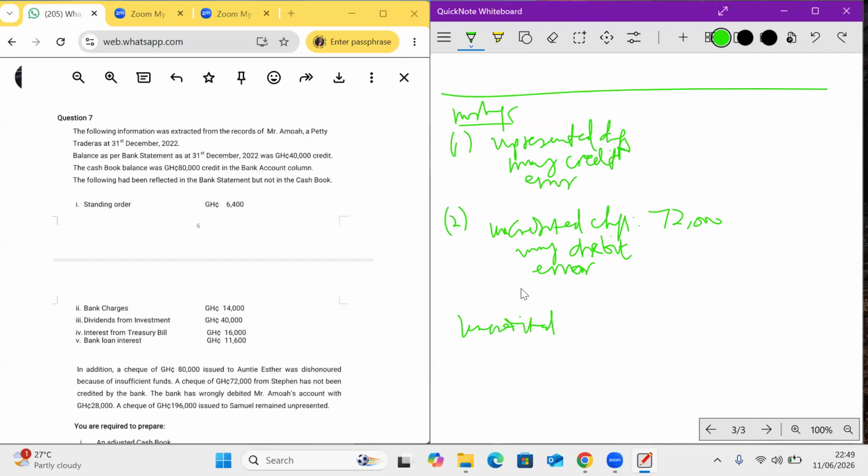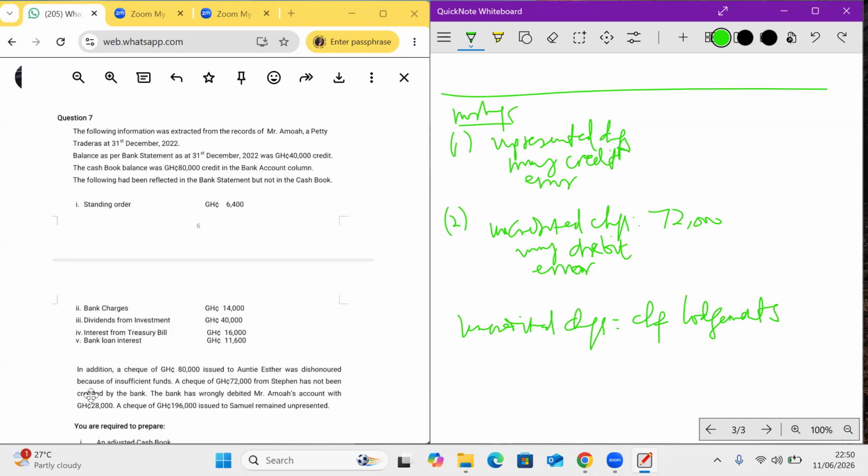So uncredited checks equals what? Check lodgement. It's another name for it. They can still use check lodgement. It's the same as uncredited checks. Just look at the name. A check has not been credited, so it means uncredited.